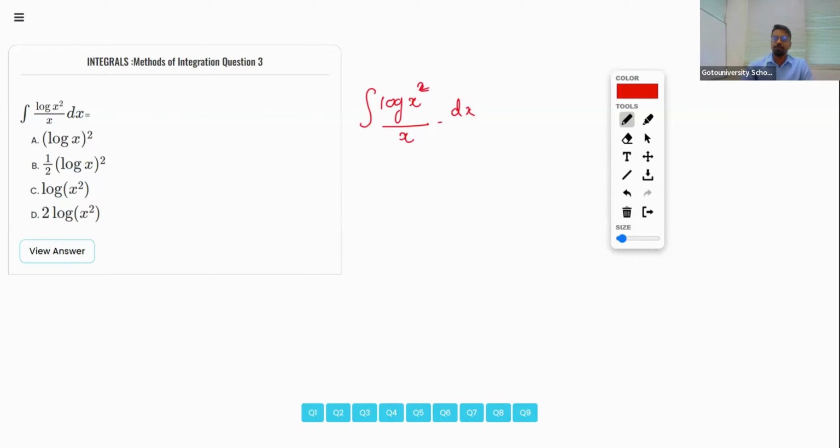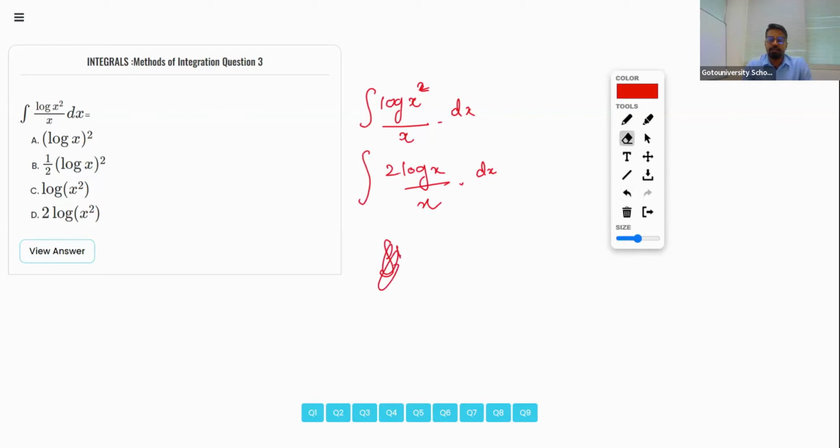Yes, what we can do, can you tell me? First, rewrite this as 2 times logarithm of x by x. Very good. Now let us assume, what is the differentiation of log x?